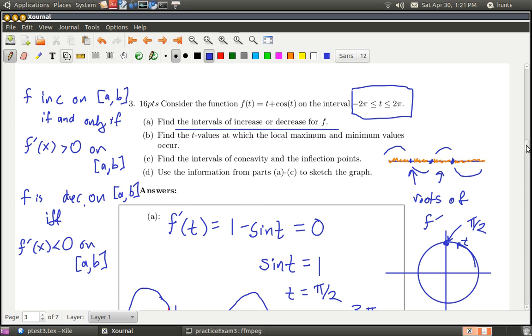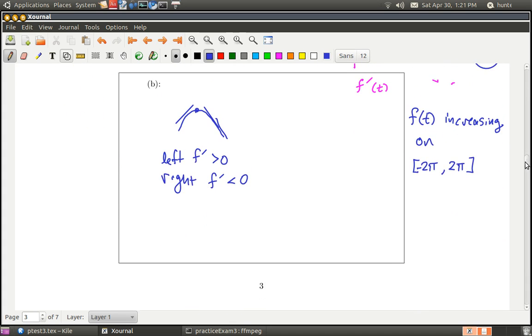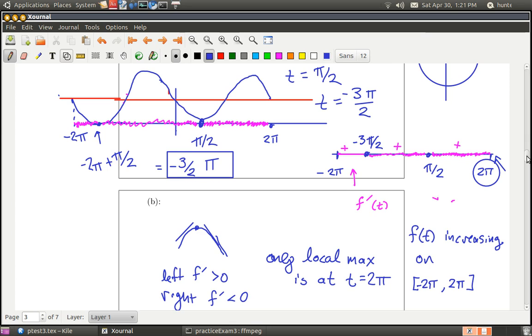I can still check the endpoint. Okay, so look, it's increasing this whole time, and so it must be that the maximum is here. The maximum occurs at 2 pi. So it must be that the only local max, which is also the absolute max, is at t equals 2 pi.